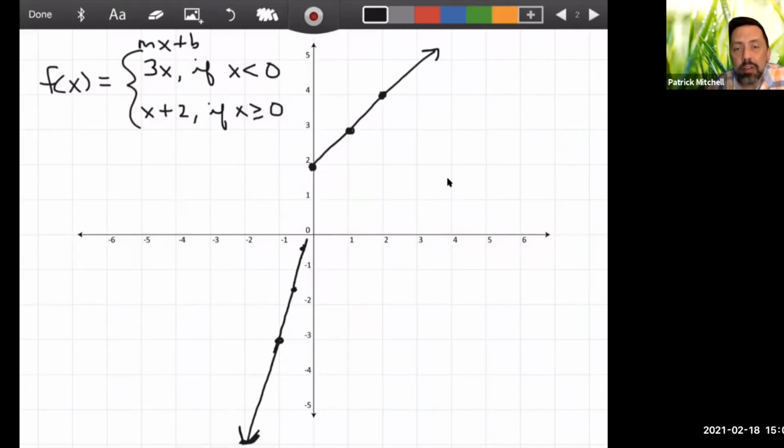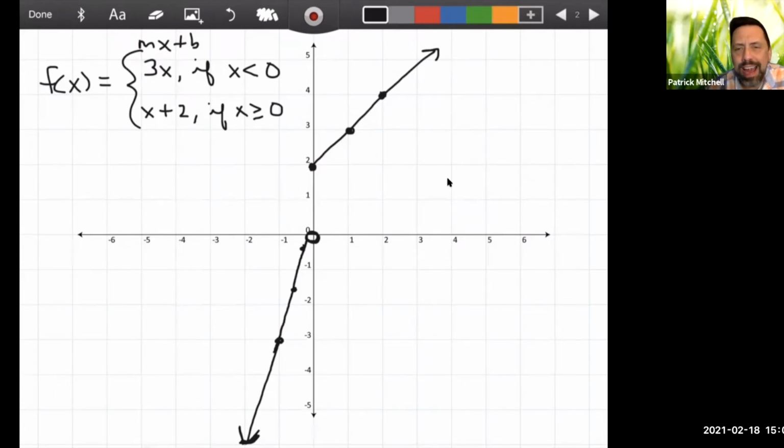To make it crystal clear that the point 0, 0 is not on this graph, I'm going to put a big open circle at 0, 0. Okay. And we call that point a hole, by the way. It does not technically belong to the graph, but it's just indicated so you can see how far up that line segment goes.